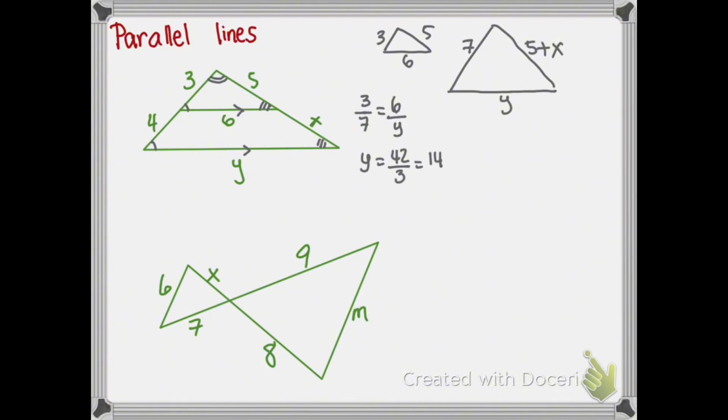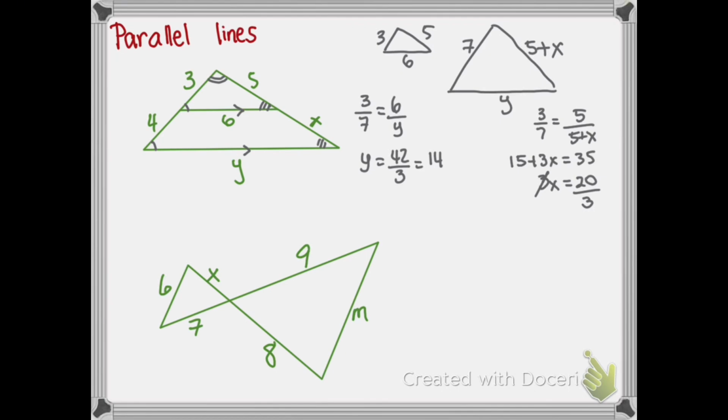And on the other one, we'll do the same. 3 over 7 equals 5 over 5 plus x. When I multiply, 3 times 5 is 15, plus 3x equals 7 times 5, which is 35. Then I pass the 15 to subtract and the 3 to divide. So x equals 20 over 3.